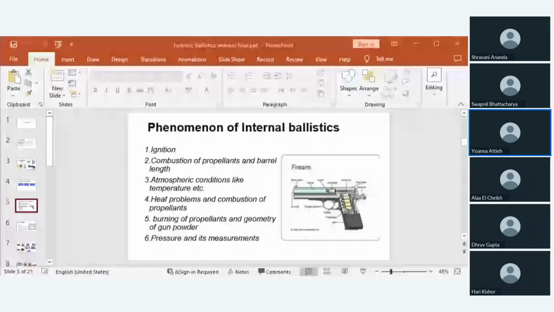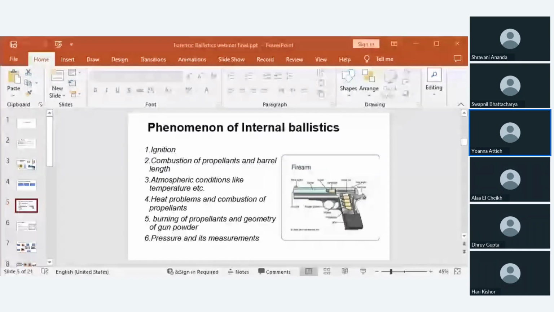This temperature is high enough to turn the solid propellant into a gas almost instantaneously. So the creation of these gases is where a large portion of the energy from the combustion process is stored.